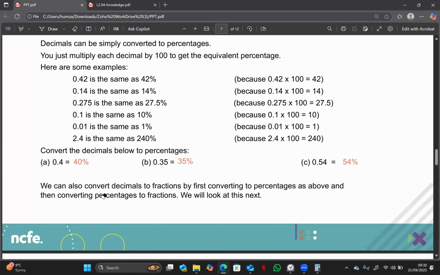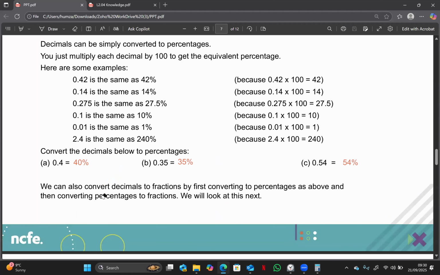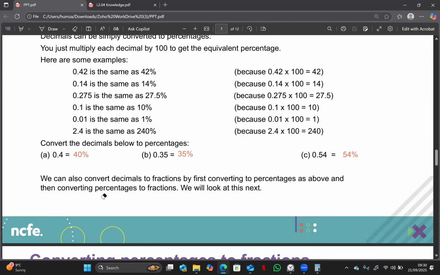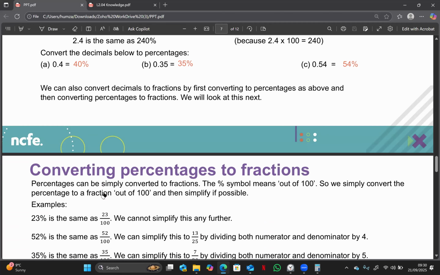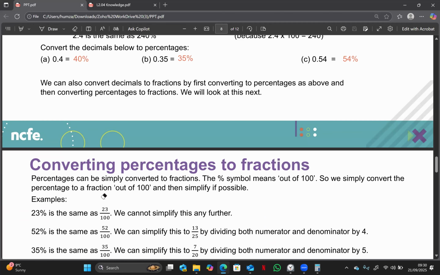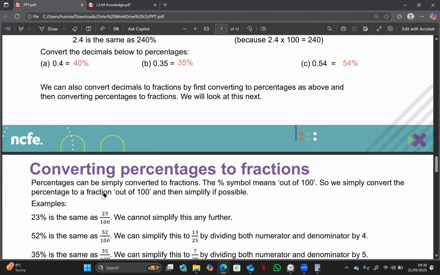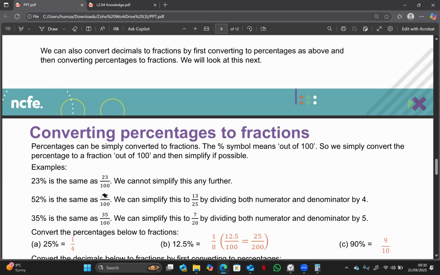So we can also convert decimals to fractions by first converting to percentages as above, then converting percentages to fractions. We will look at this next. So, converting percentages to fractions: the percent symbol means out of 100, so we simply convert the percentage into a fraction out of 100, then simplify if possible.